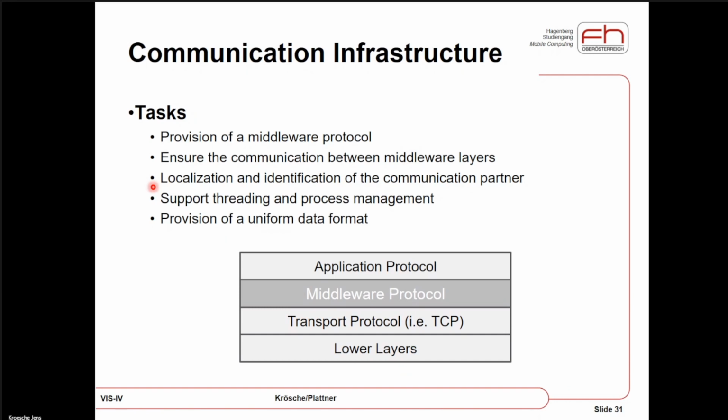And the broker tells us, okay, no problem, use this. In whatever the broker provides us with, there is the knowledge hidden of how to reach the server, at which port it is waiting, and what language it is speaking, so the protocol used. Then everything is done automatically, even the threading and process management. And something that is also interesting if we play around with distributed systems and middleware technology is a uniform data format. But this is something we take a look at later in more depth.